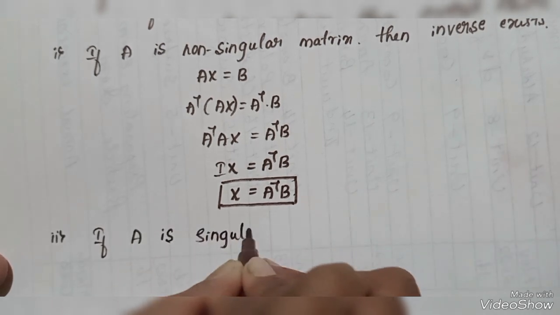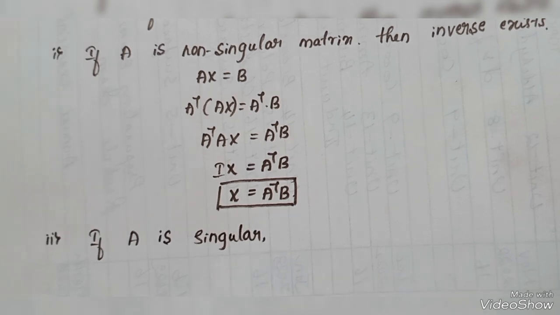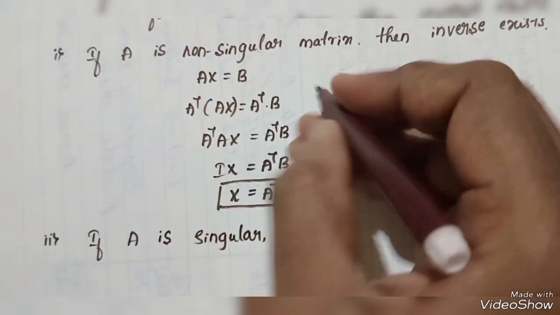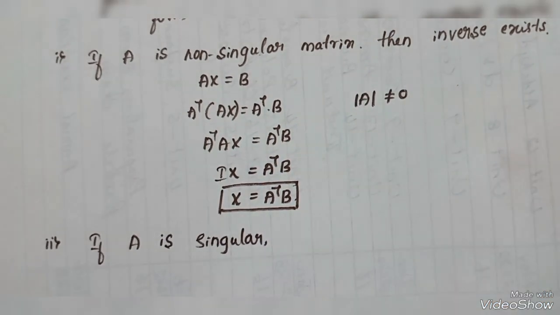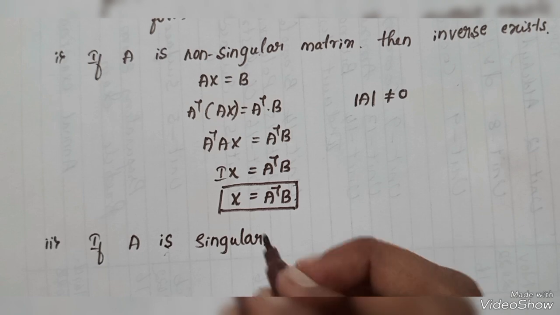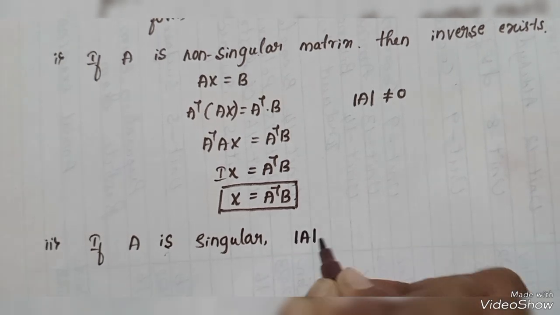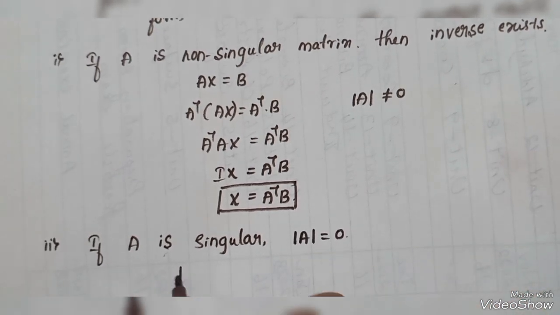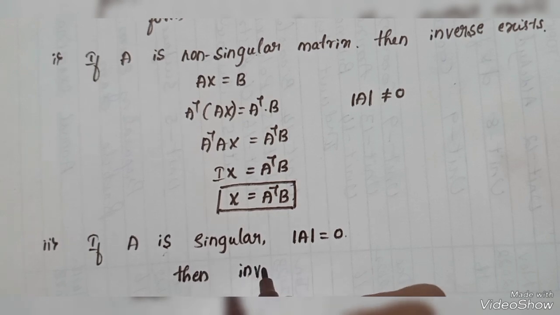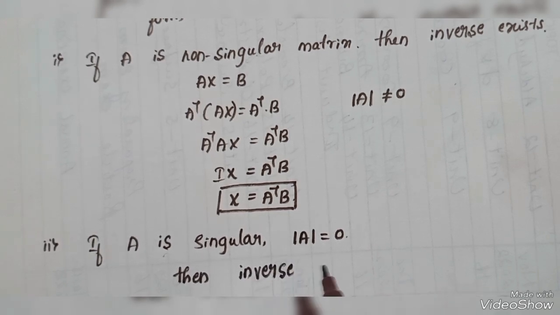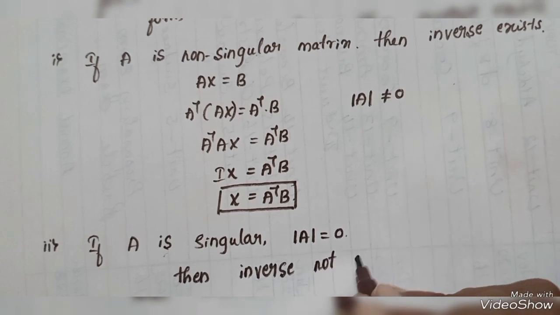A is singular means determinant of A equals 0, then the inverse does not exist.